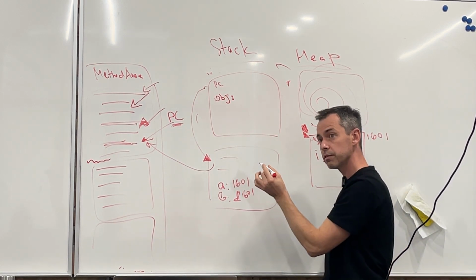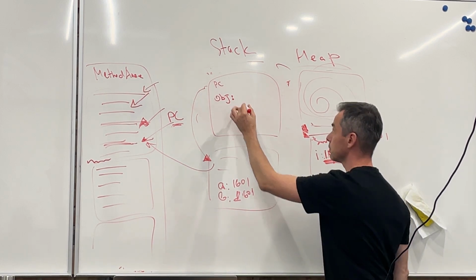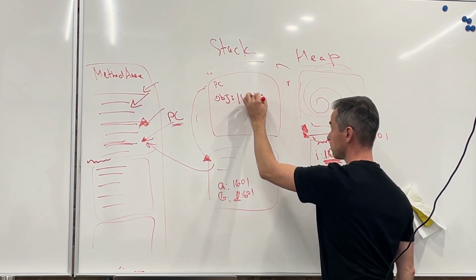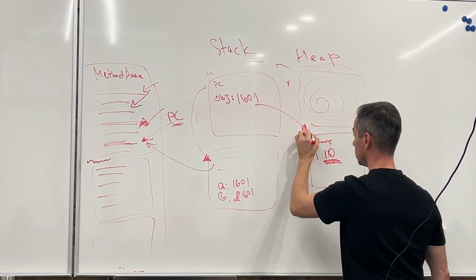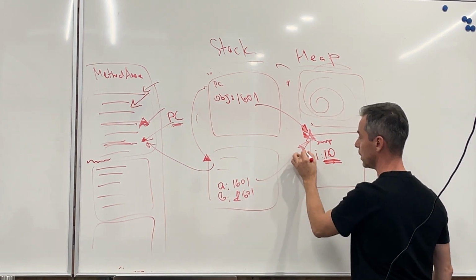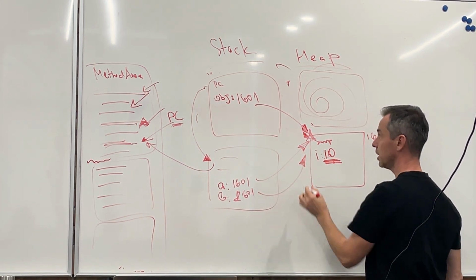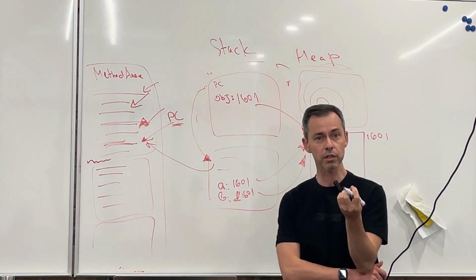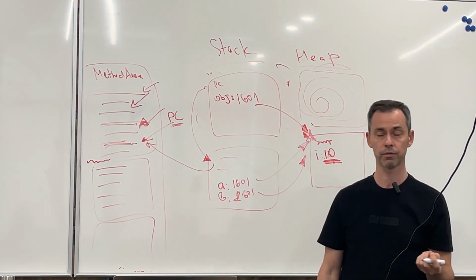This is an address. This is not the value of the object, this is the same address. Many references, but basically one object in memory.